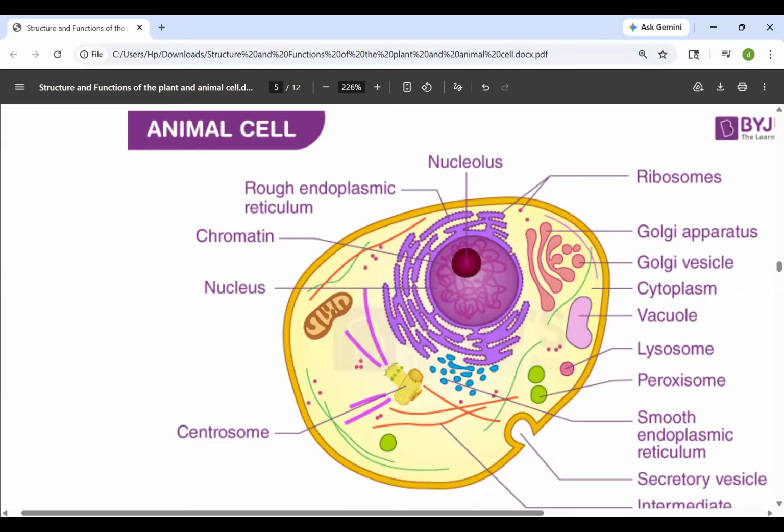And centrosome, you don't need to learn that. No need of the centrosome. And Golgi apparatus means Golgi complex, and cytoplasm. Small vacuoles maybe. Normally in animal cells, we can't find the vacuoles. And smooth endoplasmic reticulum, SER, you need that.